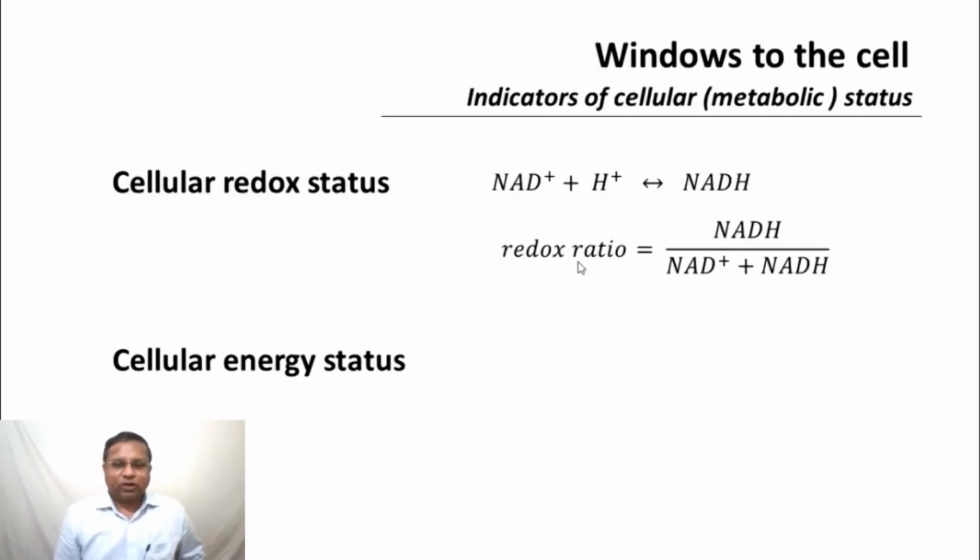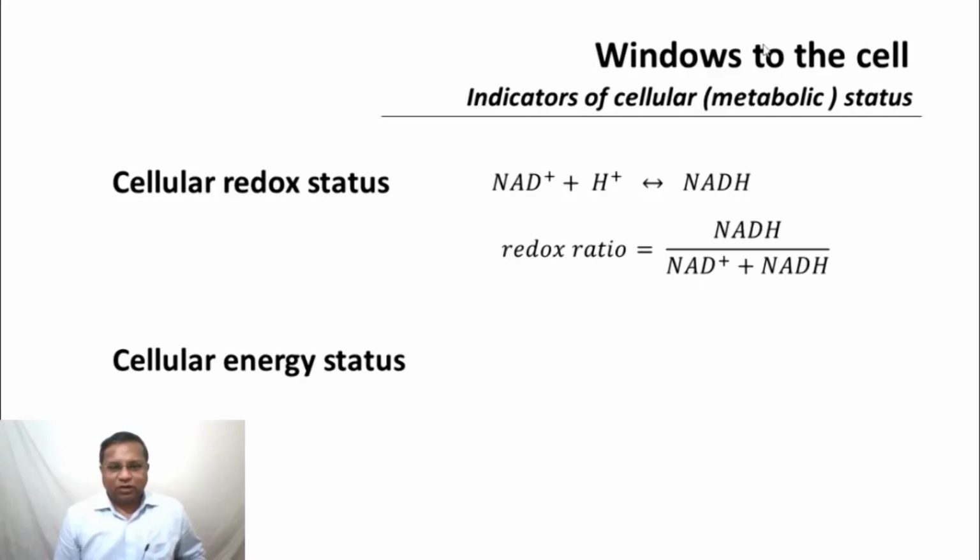So the redox ratio, one of the ways of looking at it at least, is the ratio of NADH concentration to the total concentration of NAD+ and NADH. We have already seen that NADH fluorescence can be used to monitor the cell concentration, because the intensity of NADH fluorescence can be directly linked to cell concentration.